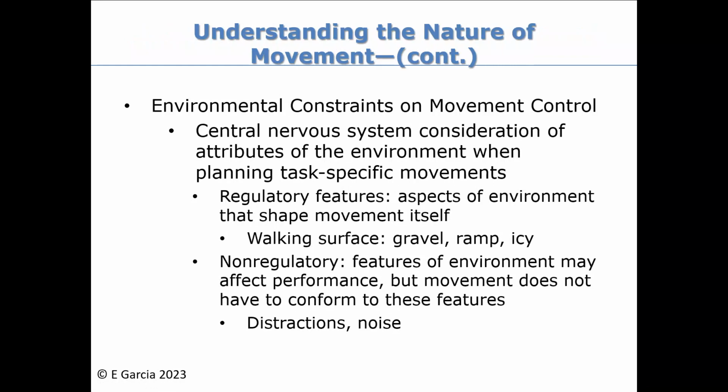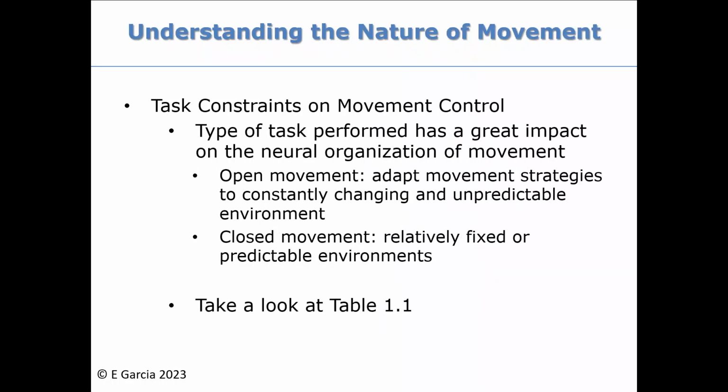An environmental constraint would be something else that changes the movement, like a regulatory feature. So in the context of that walking, the fact that sand is going to depress, it's going to squish down, that's a regulatory feature of the environment, okay? So the unpredictable nature of the beach is more open.